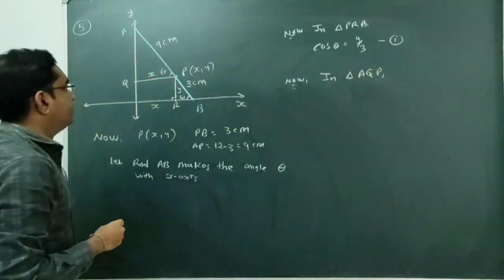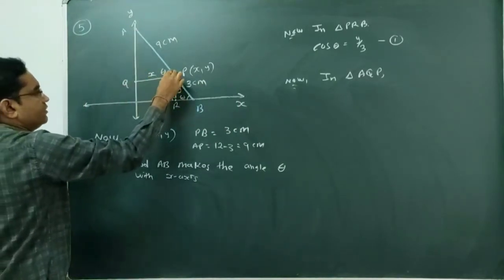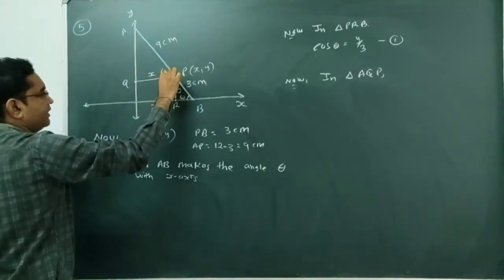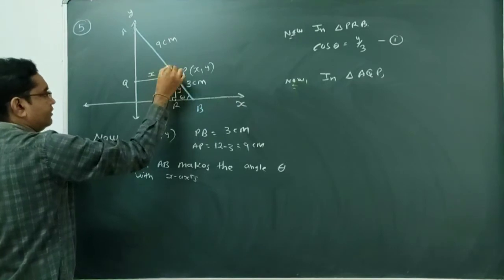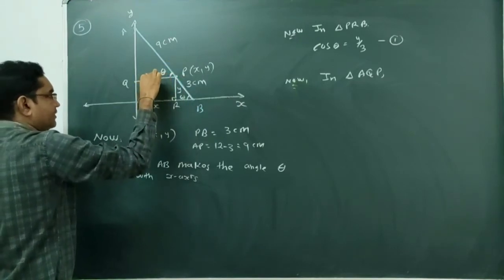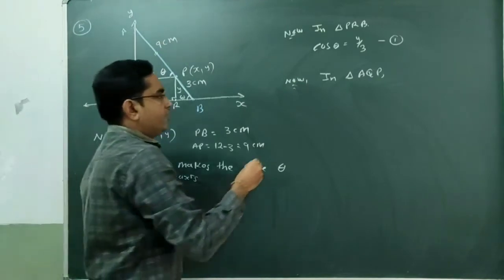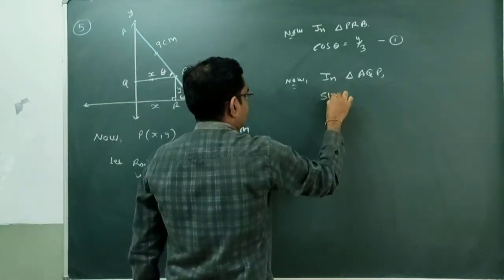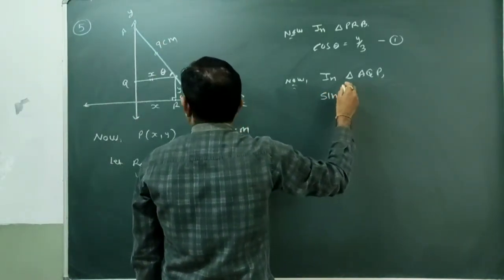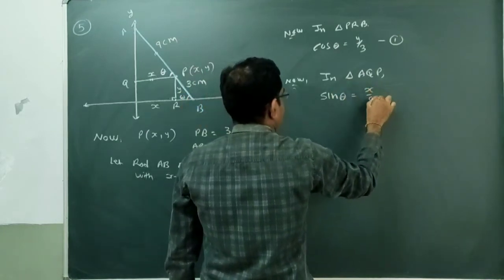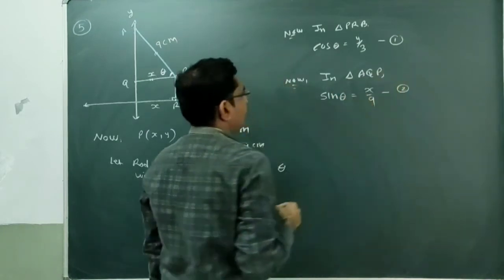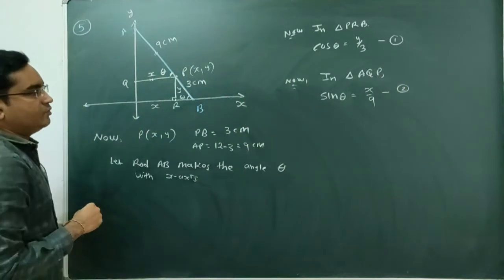In this triangle AQP, this is the acute angle theta, and for this acute angle theta we know the length of this adjacent side and hypotenuse. So according to the definition of sin theta, sin theta is adjacent side by hypotenuse, so it's x by 9. Say this one as equation number 2, result 2.